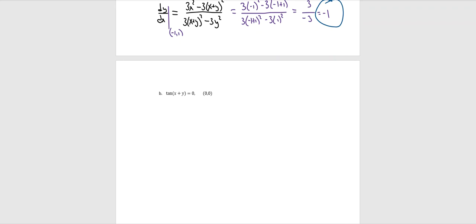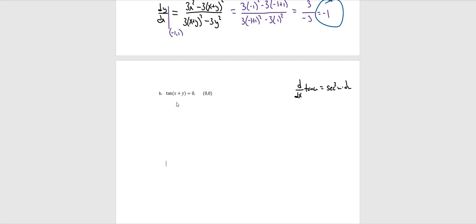We want to find the slope of the tangent line. No problem. Remember that the derivative of the tangent of u is secant squared of u times du. Look that up in the chain rule derivatives if you need to.